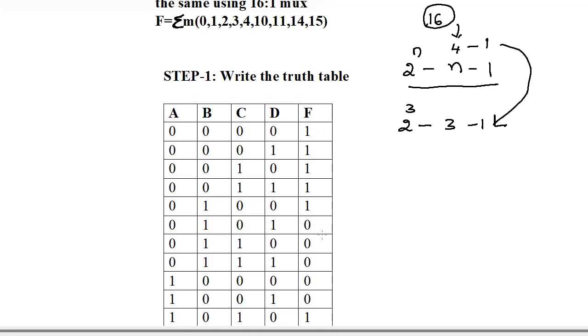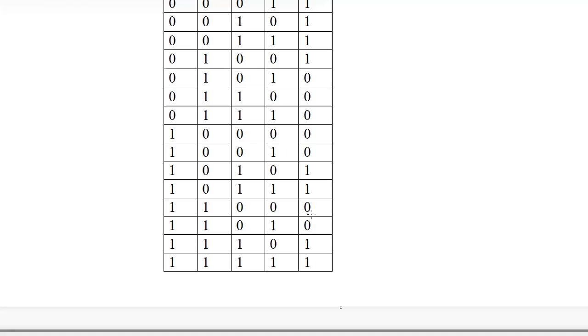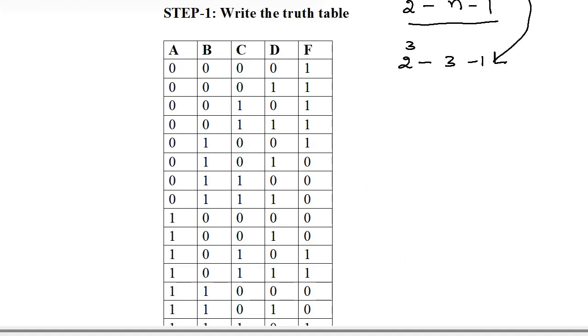The fifth value is 0, 6 is 0, 7 is 0, 8 is 0, 9 is 0, and 10, 11 are 1, 12, 13 are 0, 14, 15 are 1. This is the truth table for the given function.